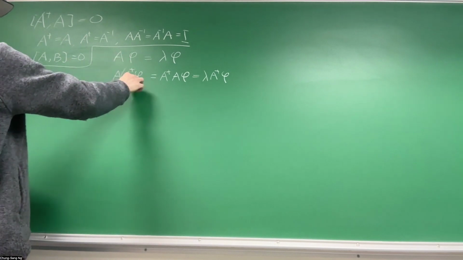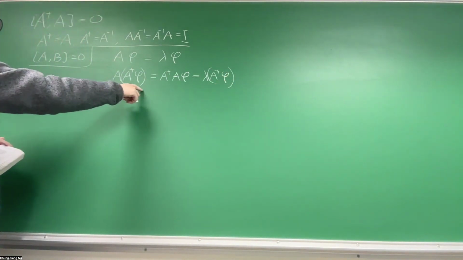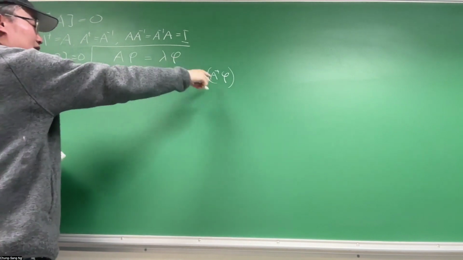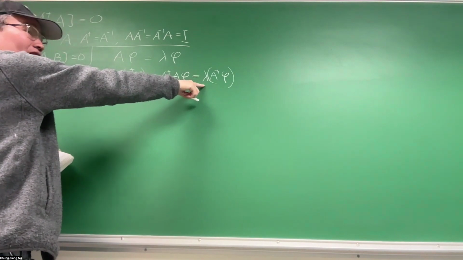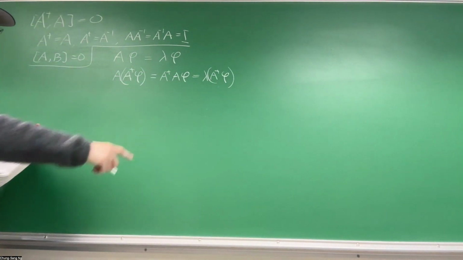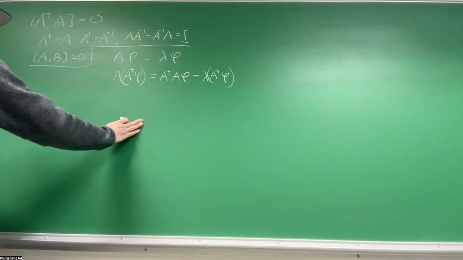You can say this is now a vector. A operating on this vector gives you the same vector with the same eigenvalue. So it means that A dagger phi is also an eigenvector. It depends; there are two cases.